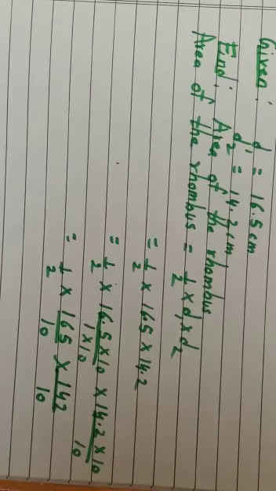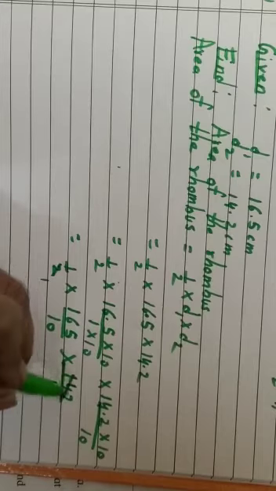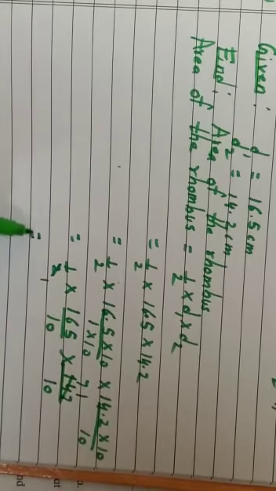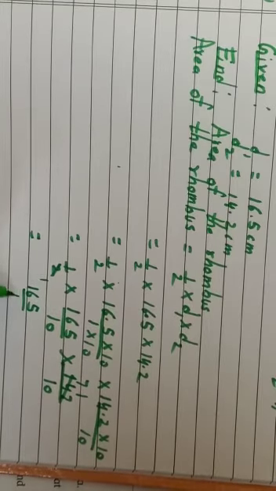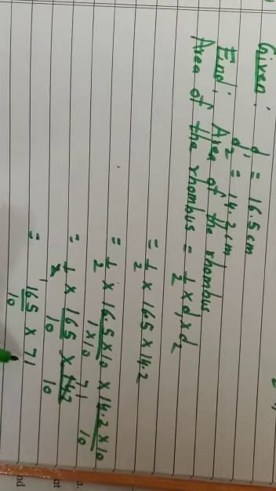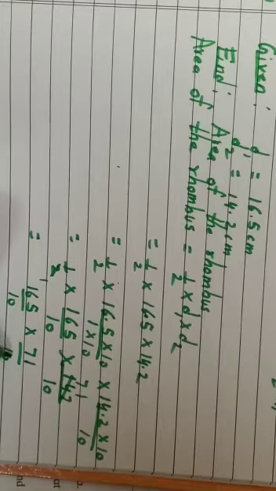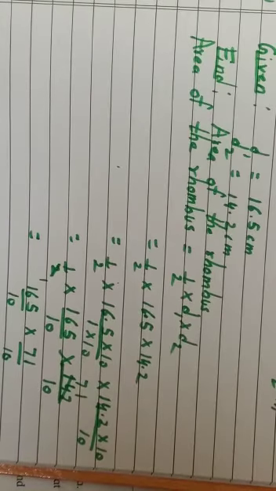Now here you can cancel: 2 ones are 2, 2 sevens are 14, 2 ones are 2. So you will get 165 upon 10 into 71 upon 10. These 10, 10 no need to cancel, just keep them as they are so that the calculation becomes easier.